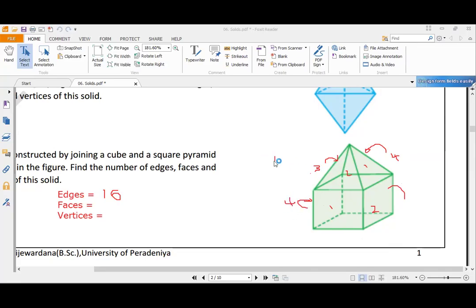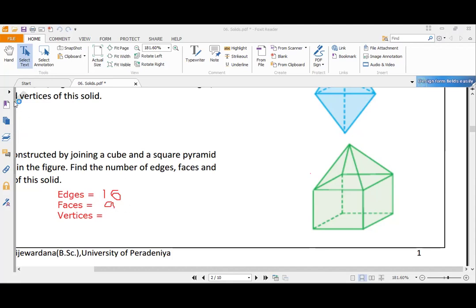On the top pyramid you have 4 faces, then here again 4 faces, and below you have another one face. 4 plus 4, 8, 8 plus 1, 9. There are 9 faces. On top of the pyramid we have 4 faces, and for this cube we have 5 faces, except for the pasted one. So we have a total of 9 faces.